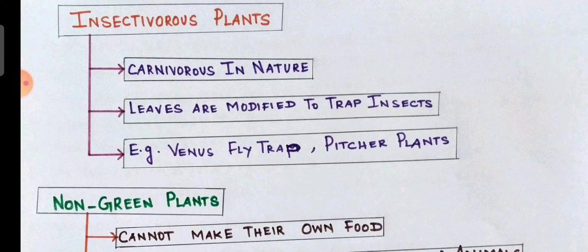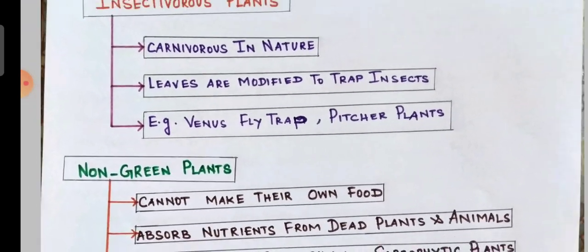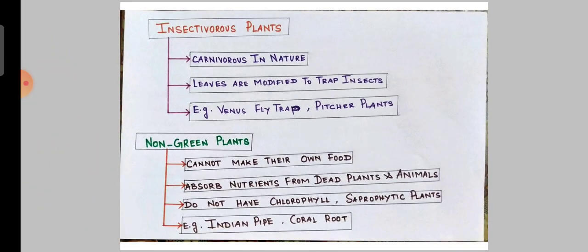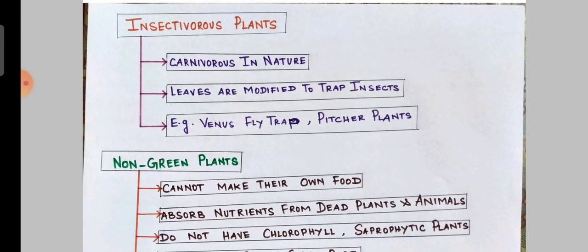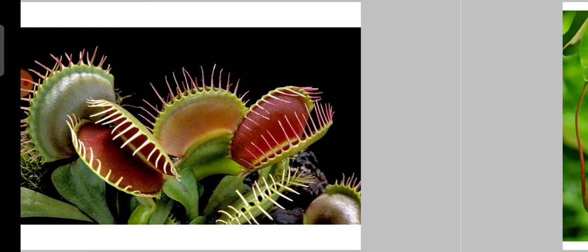These types of plants are called insectivorous plants. Examples: Venus flytrap and pitcher plant. See, this is a Venus flytrap and pitcher plant.